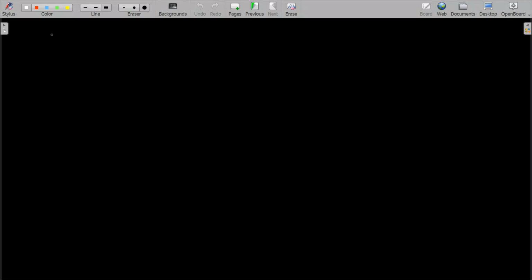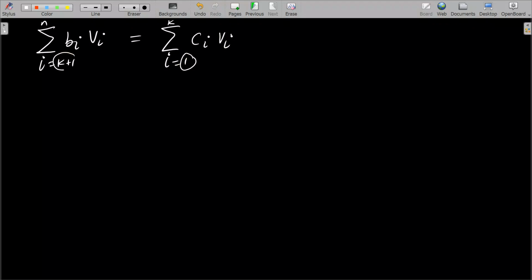Then it means that the vector we are interested in, the summation from i = k+1 to n of b sub i v sub i, should be equal to a linear combination of vectors in the basis of the null space, the summation i starting from 1 to k of c_i v_i, right? Now just check the index of i here. They are different, okay?